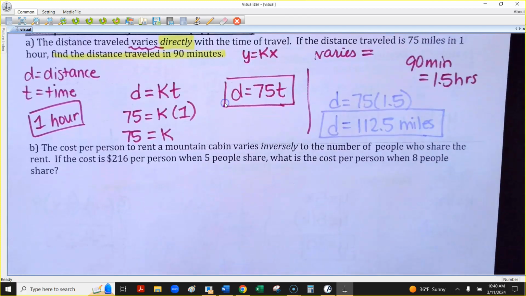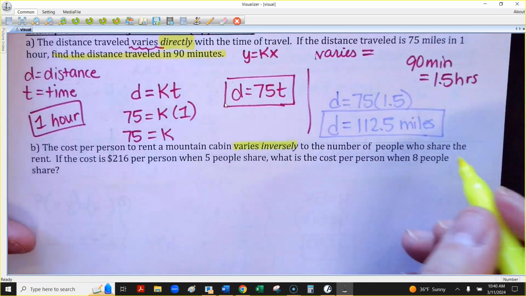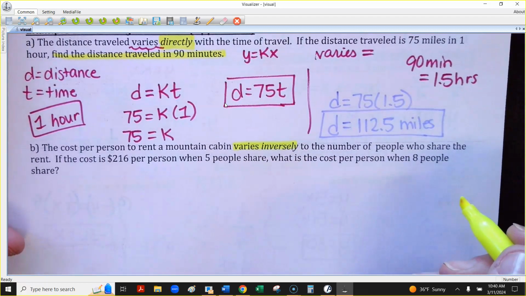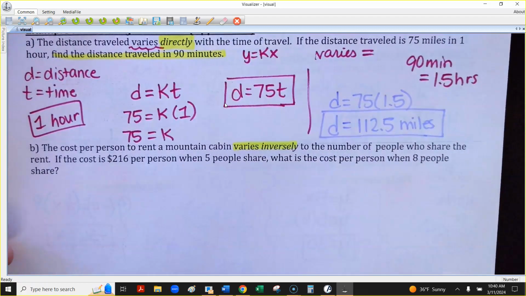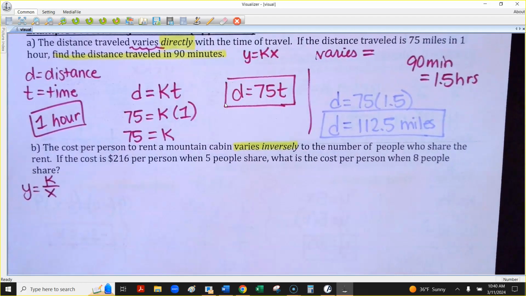Now, this one says the cost per person to rent a mountain cabin varies inversely to the number of people who share the rent. All right, so an inverse relationship is y equals k over x, just in general.